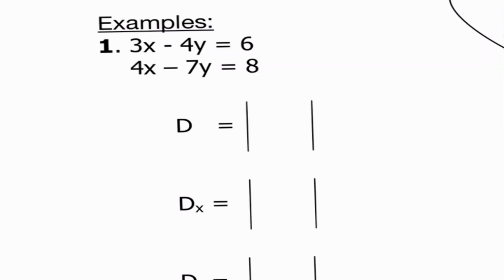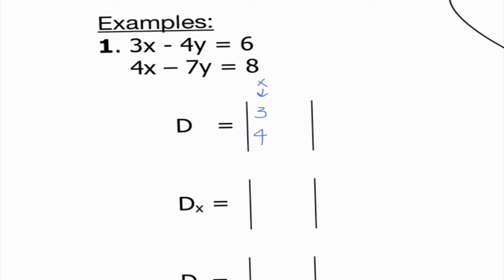Okay, so if we are looking at example number 1 here, we are going to start by making what we call a determinant. And in fact, in our determinant, we are going to do something very specific. My first column in my determinant are going to be our x coefficients. So in this case, that would be 3 and 4.